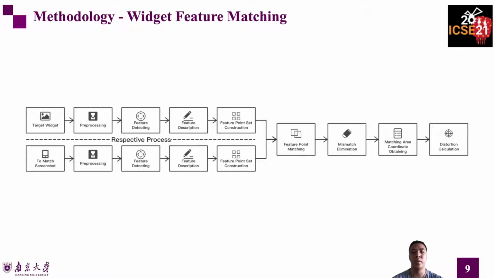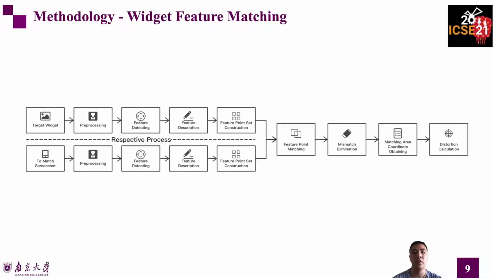During the test script replaying, we adopt 2 strategies: the widget feature matching and the layout characterization matching. Widget feature matching is also adopted by some GUI-based record and replay tools, like Sikuli. The first phase is the respective processing of the recorded target widget image and the replay device activity screenshot, including preprocessing, feature detection and describing, and the feature point set construction.